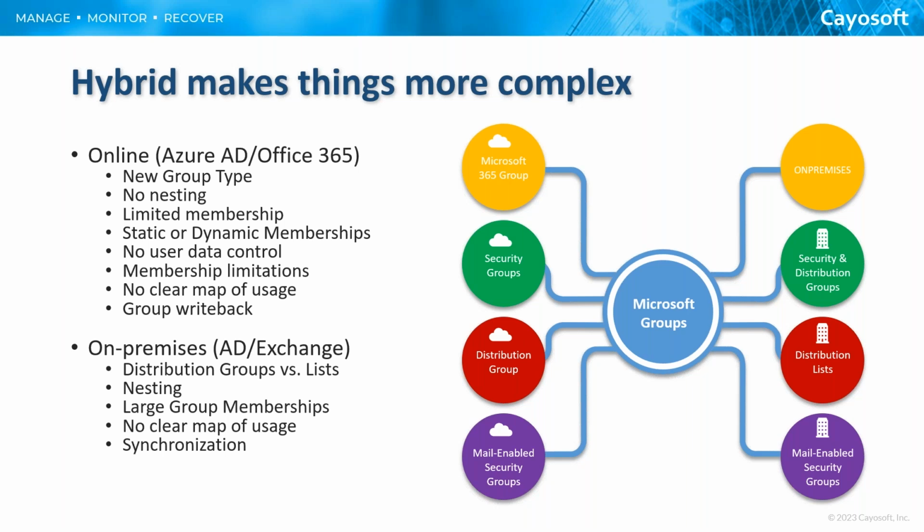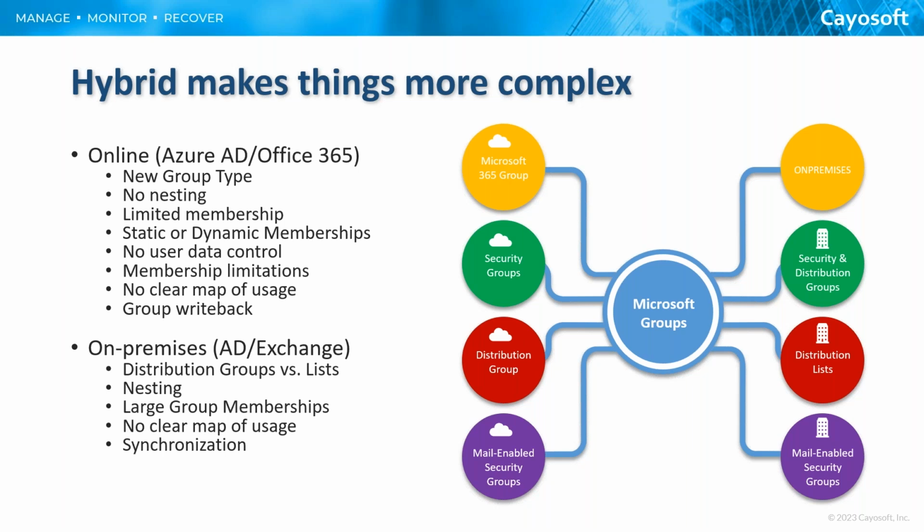And of course, they have a different set of rules that they play by. And so that new group type is also followed with the inability to do nesting of groups. So you can't have one group that's inside of another group. That is legal on premise, but not in the cloud. There are some limits to the membership, the number of members. They do have 2 types, in some cases, static and dynamic.